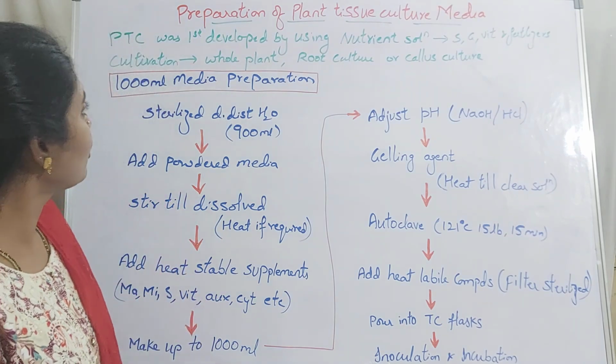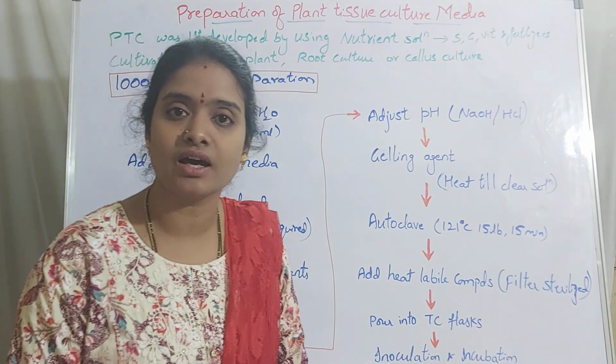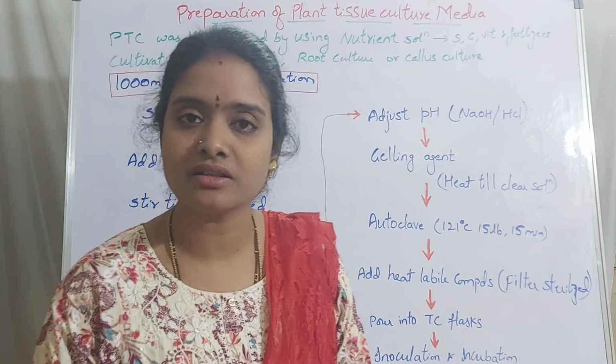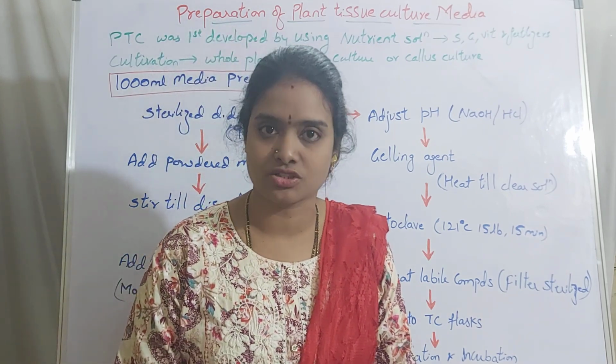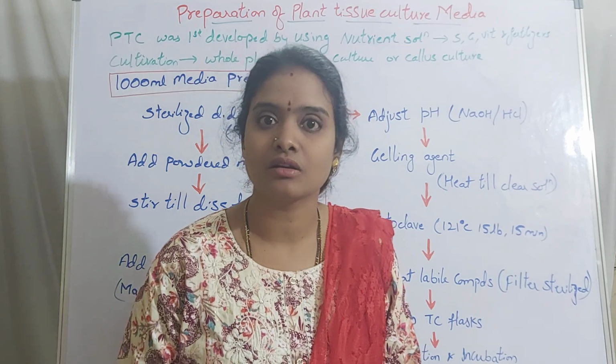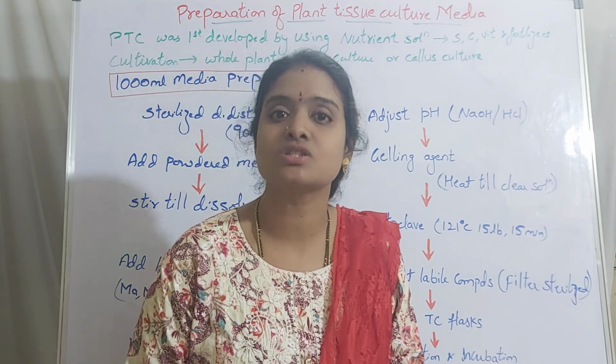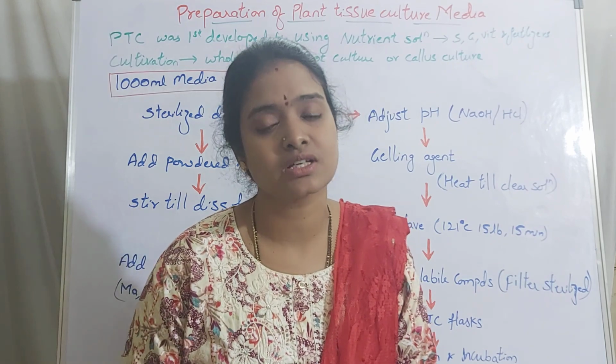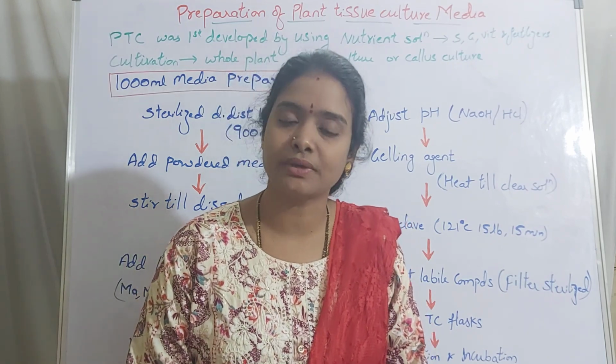In the last class we discussed that the scientist Haberlandt is the father of plant tissue culture, where he was successful in culturing the cells in Knop's salt solution, and he was successful in producing the complete plantlet.